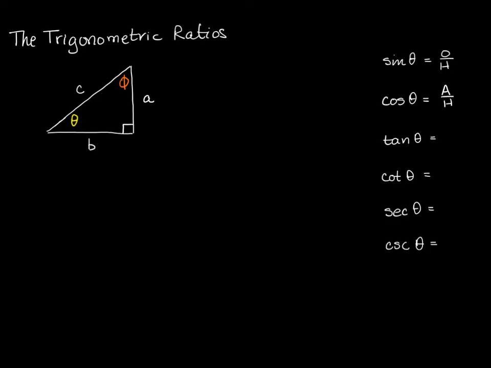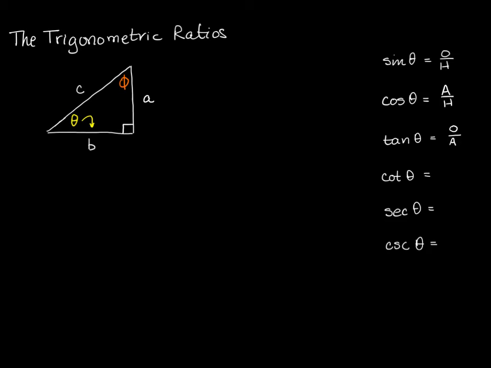So in the case of theta, the cosine of theta would be b, adjacent, over c, the hypotenuse. The tangent is defined as the length of the side opposite the angle theta divided by the length of the side adjacent or next to the angle theta.